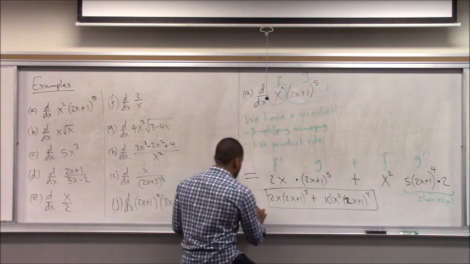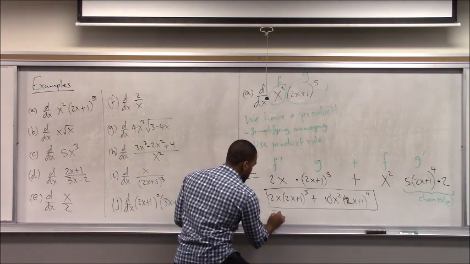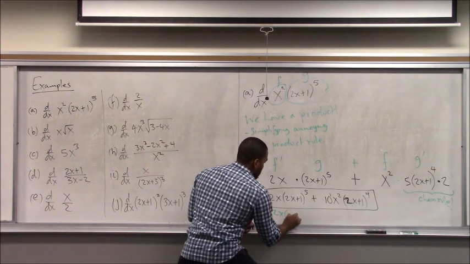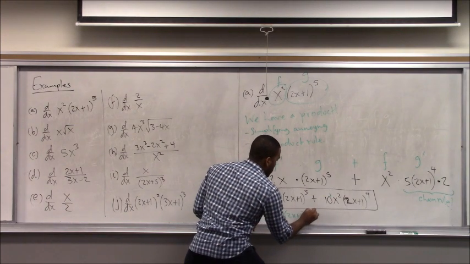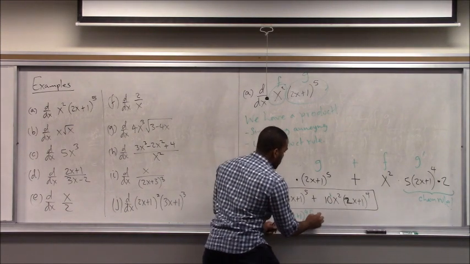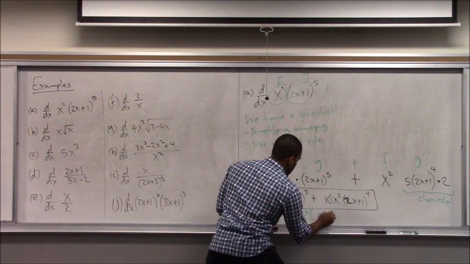It's worth mentioning though, there are times when you might want to factor, because there are times when we'd want to know, for example, where is the derivative equal to 0?